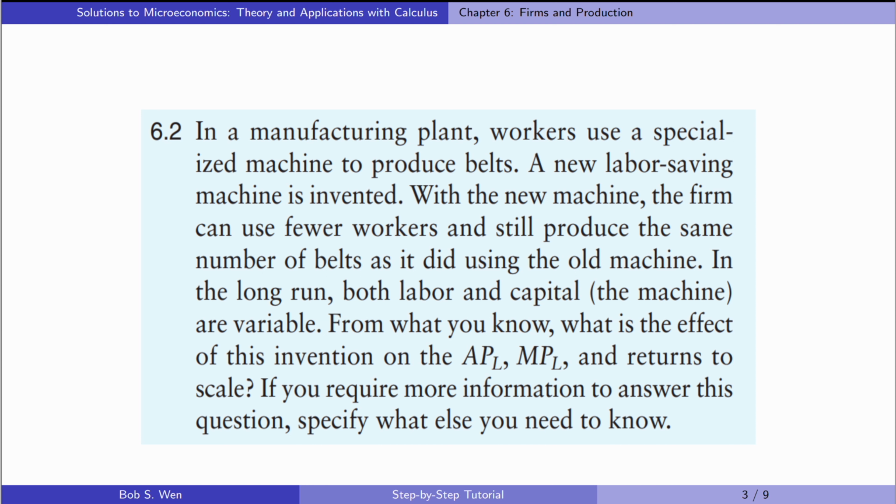In the long run, both labor and capital are variable. From what you know, what is the effect of this invention on the average product of labor, marginal product of labor, and returns to scale? If you require more information to answer this question, specify what else you need to know.